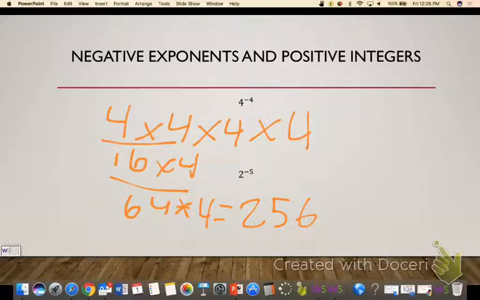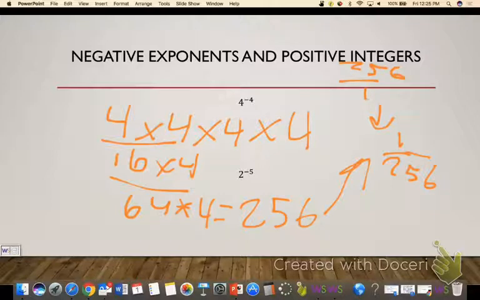But we still need to find the reciprocal of this. So 256 first, which then equals 1 over 256. Alright?